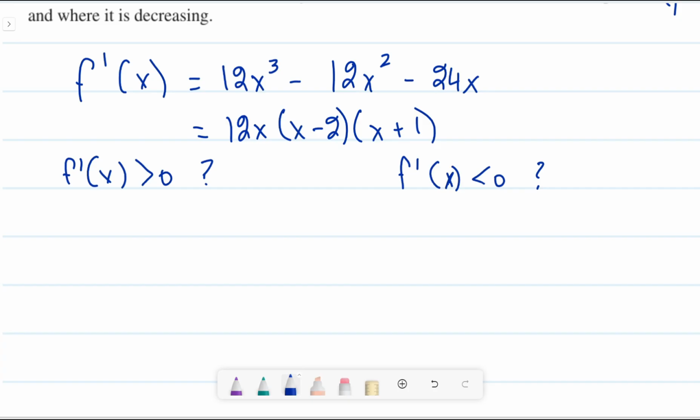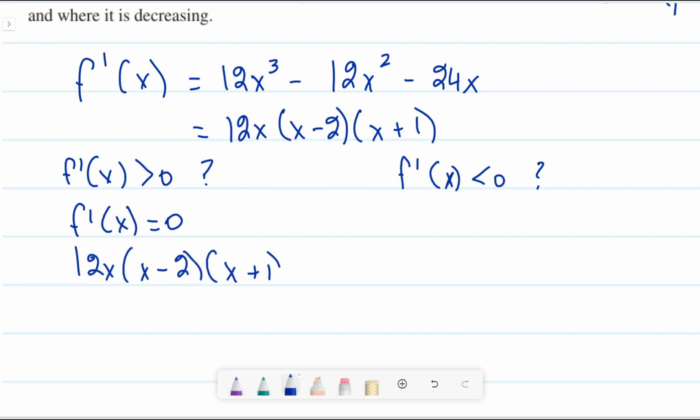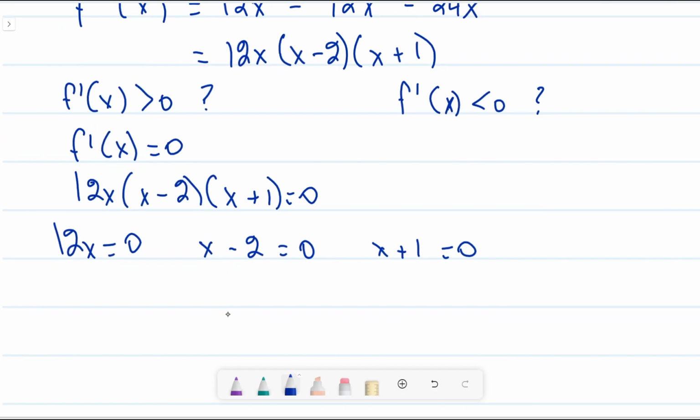So when is it equal to 0? Let's solve for this. 12x times x minus 2 times x plus 1 equals 0. So 12x equals 0, or x minus 2 equals 0, or x plus 1 equals 0. So x equals 0, or x equals 2, or x equals -1.